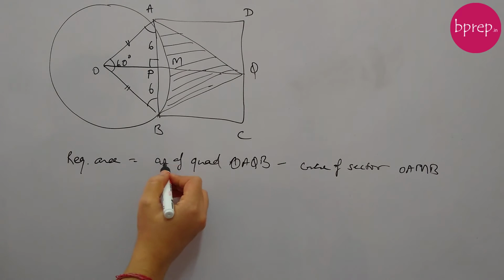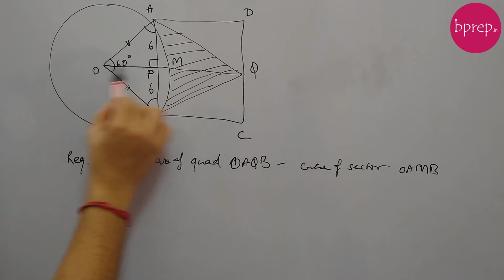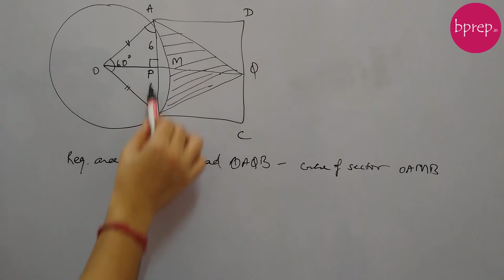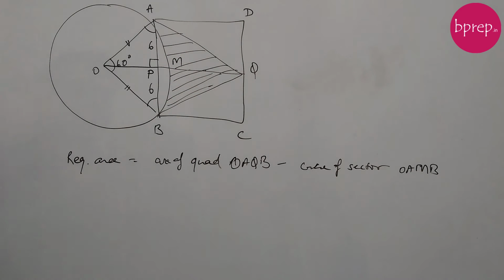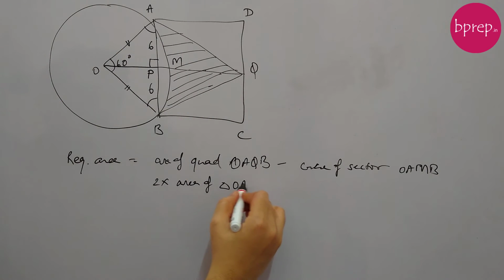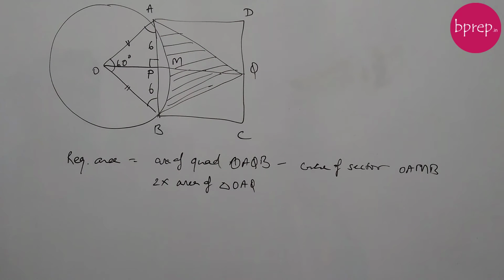So now what will be the area of quadrilateral OAQB? If we see, OQ is a perpendicular bisector of AB, so OQ and AB are perpendicular to each other. That makes it very easy to find the area of OAQB. In that case it will be 2 into area of triangle OAQ, because OQ divides these two into equal parts.